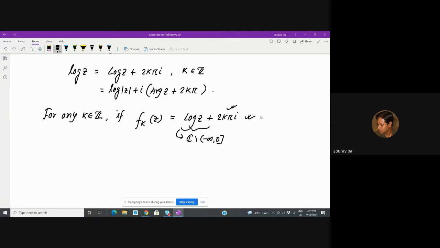So this function is well defined and continuous. You agree with this?